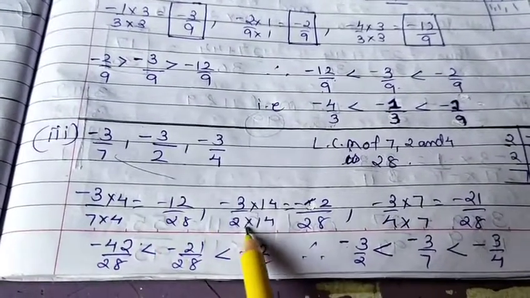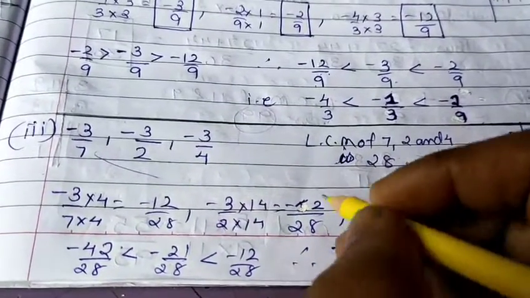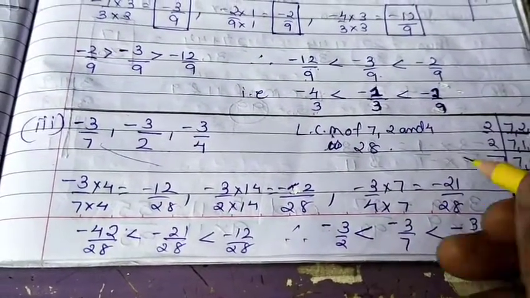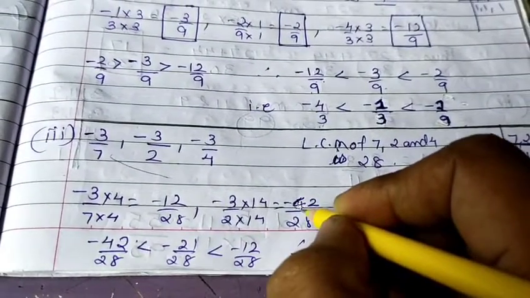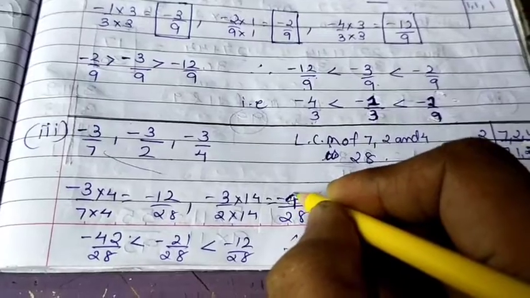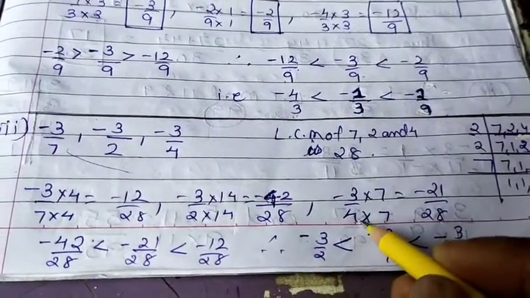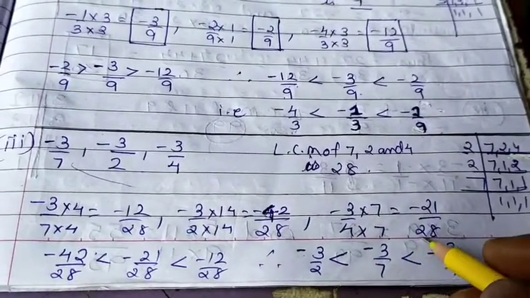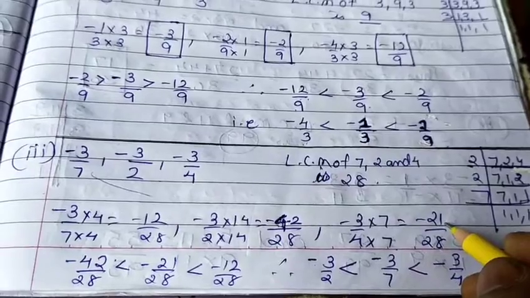Then 2 should be multiplied by 14 to get 28, that is negative 3 into 14, that is negative 42. Then 4 multiplied by 7, you will get 28. So negative 3 into 7 is negative 21.